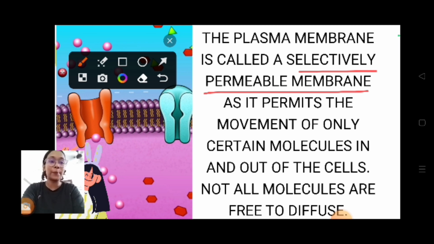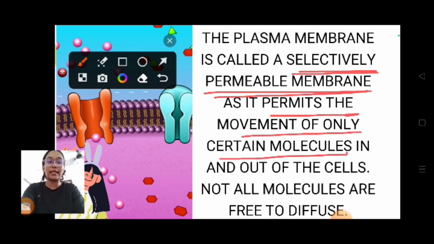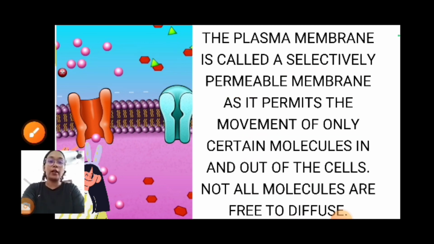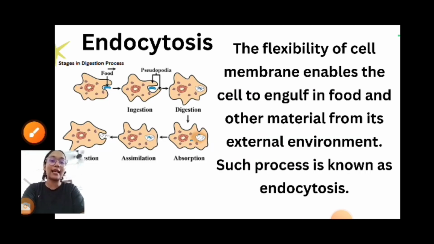It permits the movement of only certain molecules in and out of the cell. Not all molecules are free to diffuse; only a few of them are allowed. That's why it is called a selectively permeable membrane. Understood?